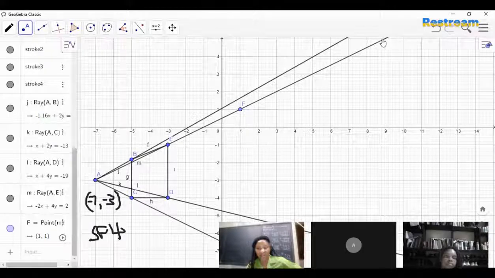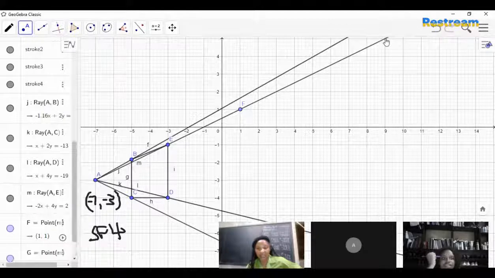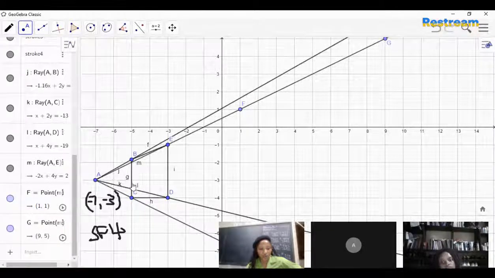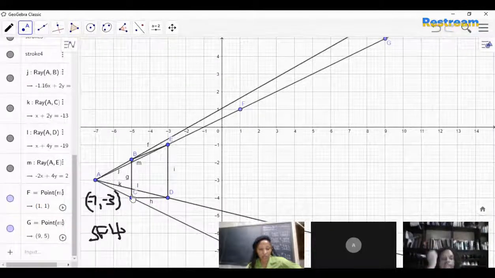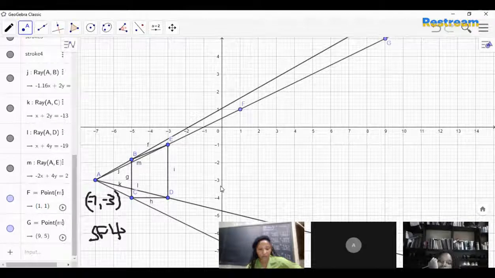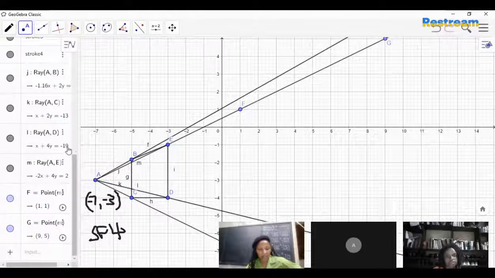We barely made it, guys. All right, for this one now, we go 2 across on the x and 1 down. So that's 8 across. 1, 2, 3, 4, 5, 6, 7, 8, and 4 down.